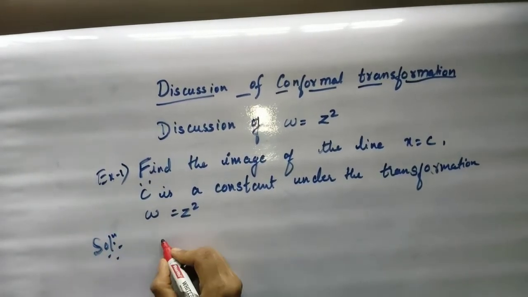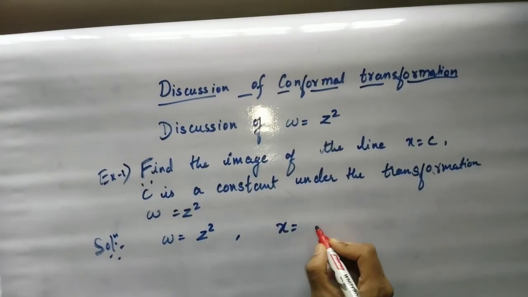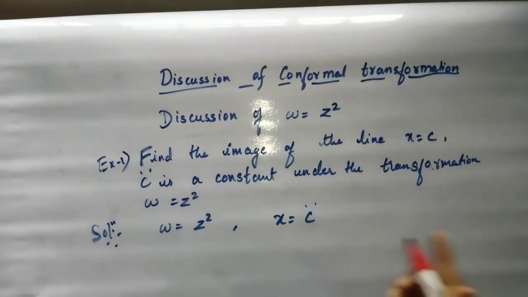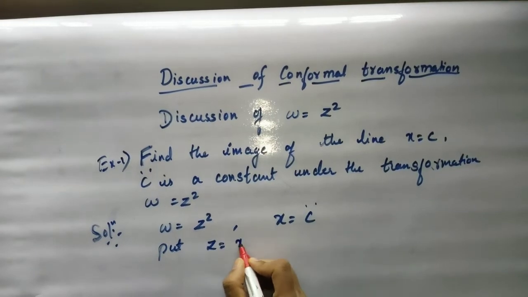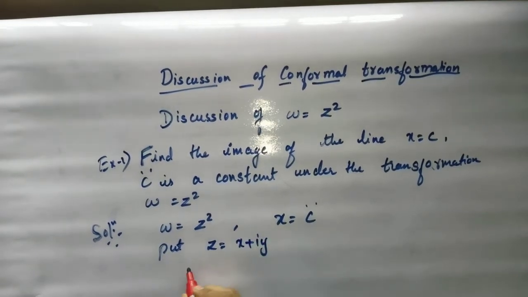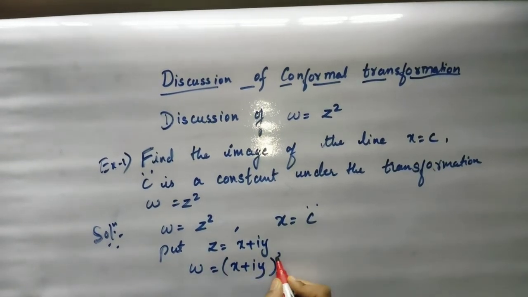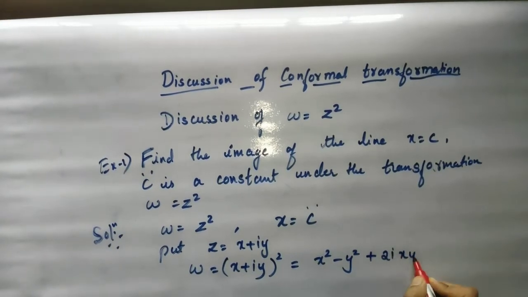See here, you have w is equal to z square, and given that x is a constant c. First, in this w is equal to z square, put z is equal to x plus iy. So you will get w is equal to (x plus iy) whole square, or it is x square minus y square plus 2ixy.